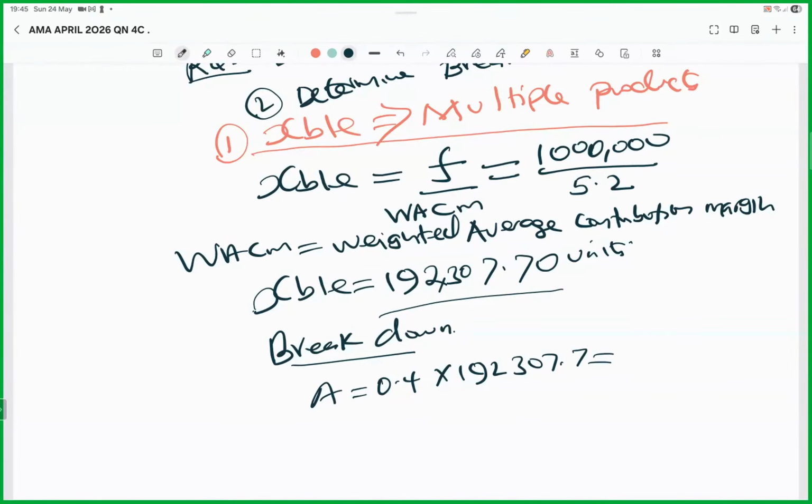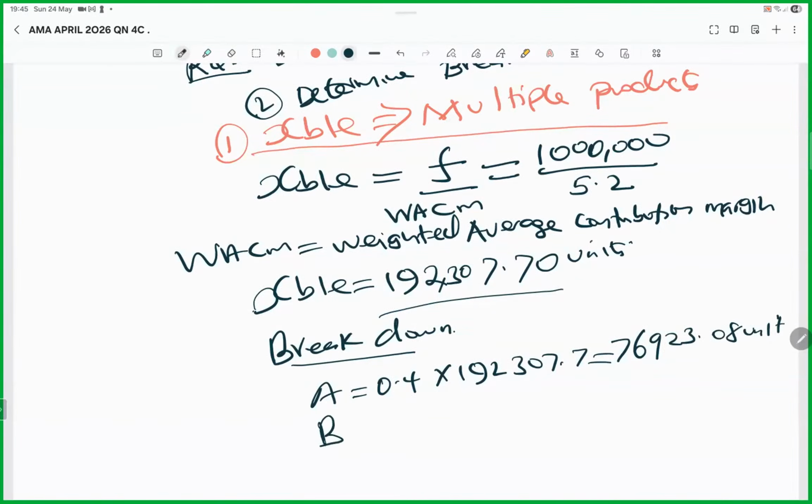Oh yeah, they don't want us to break now without giving me a figure. So we have Jen giving me 76,923.08 units.